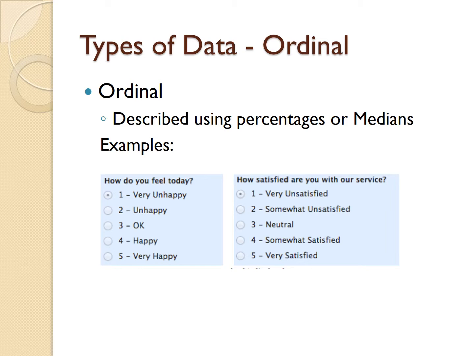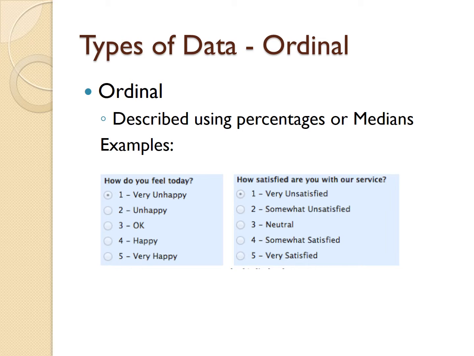The other type of data is ordinal data. Ordinal data are categorical variables with meaningful order. They're often numbered, but the intervals between the values may not be equal. A good example could be a customer satisfaction survey with the question, "How satisfied are you with our service?"